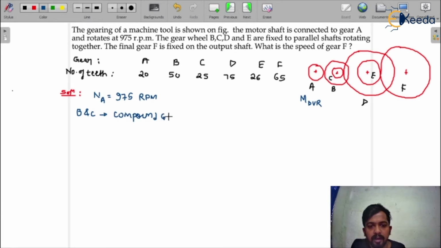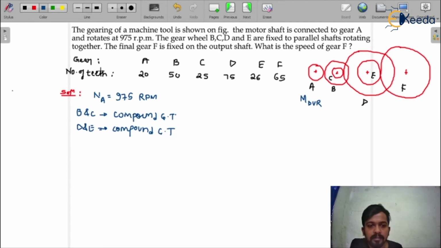BC and DE each share one shaft, that means it is a compound gear train. I hope you understand how to identify a compound gear train.